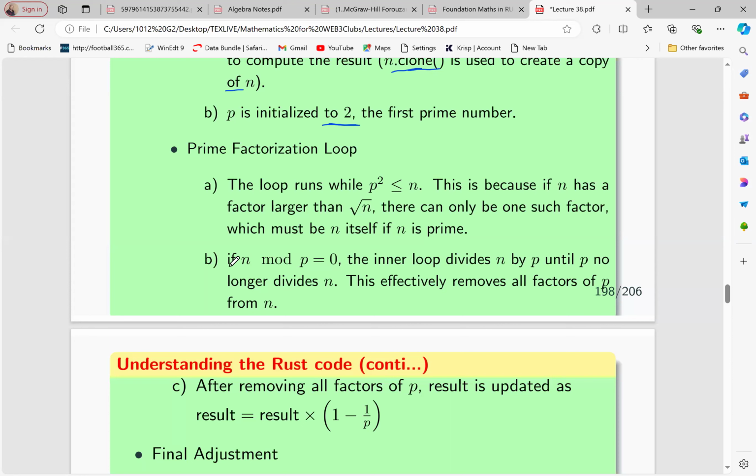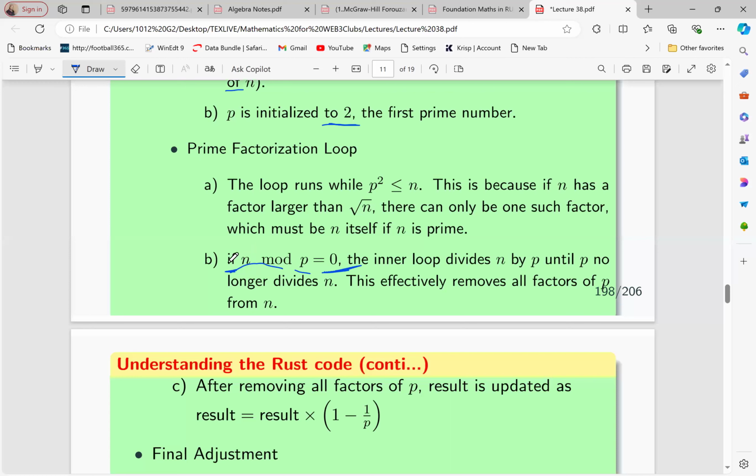Now, inside that loop, you meet a condition that says if n on division by p is 0, then you enter inside. I've just written here the short form, n mod p, that is, we understand what it means. When you talk of n mod p, we mean n on division by p gives you 0.